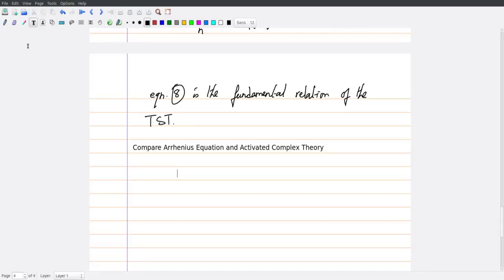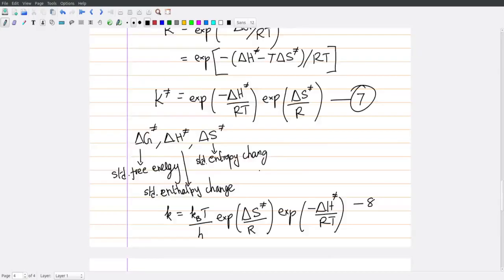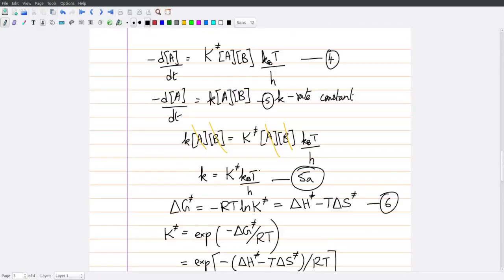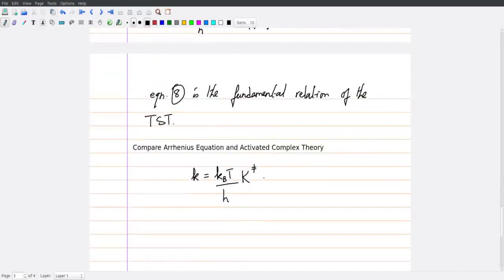Now let's go back to the equation which relates the rate constant with the equilibrium constant. According to the above, this is equation phi a. Now we want to get this in a form so that it is related to the Arrhenius equation.